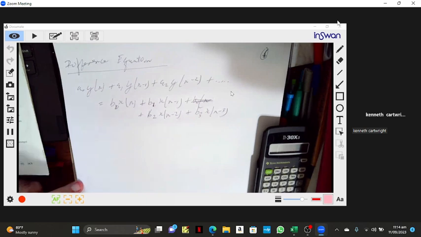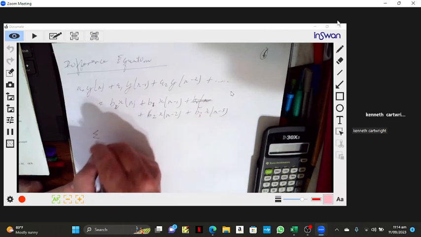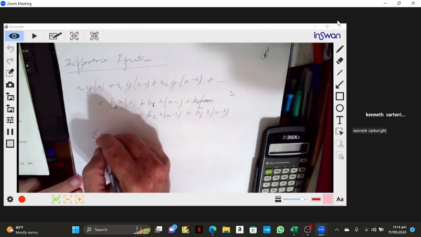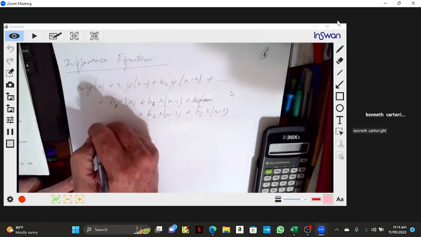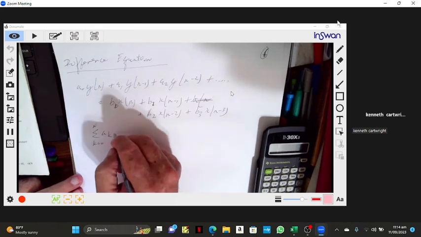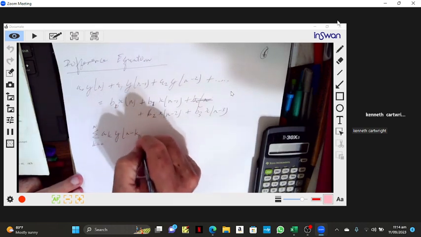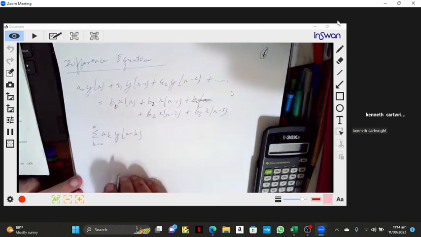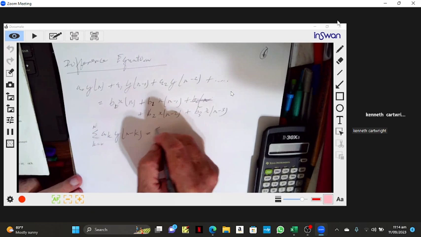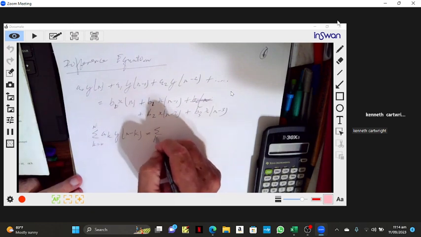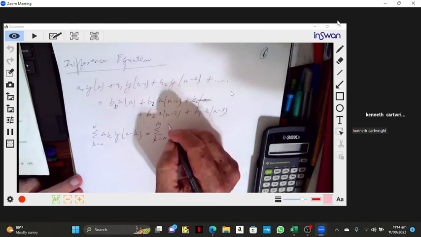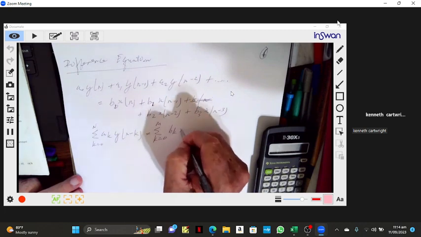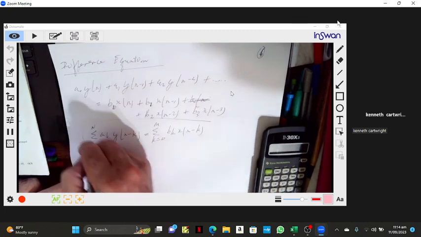We could write this succinctly as the left-hand side. This equation here is a general difference equation.